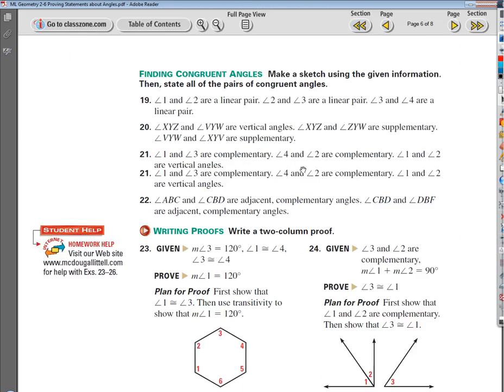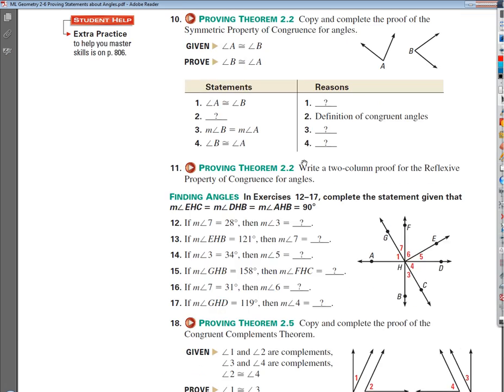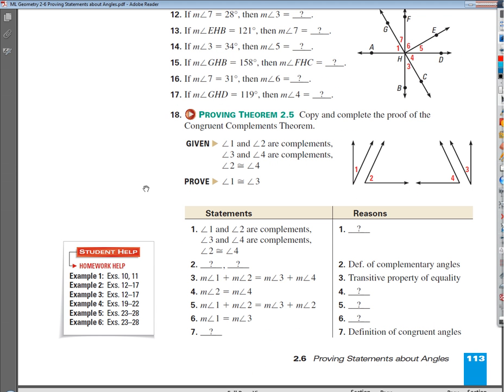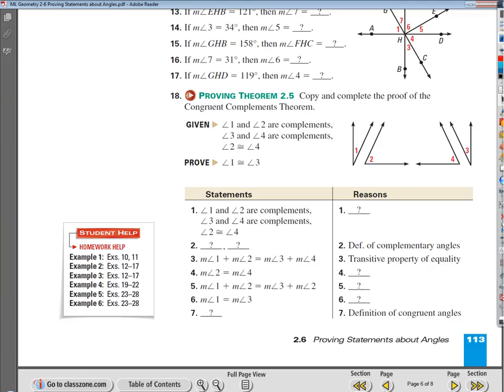Okay, any questions on 2.6? 18? Okay. Number 7, I kept.